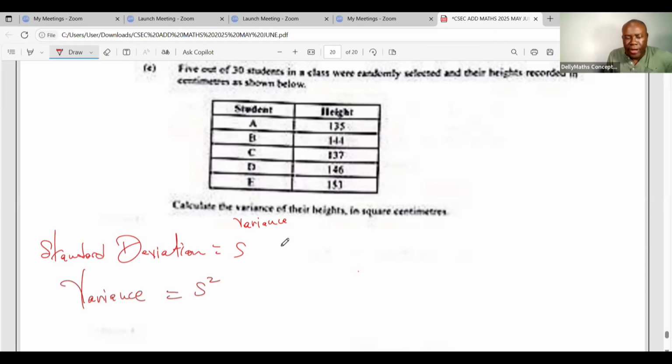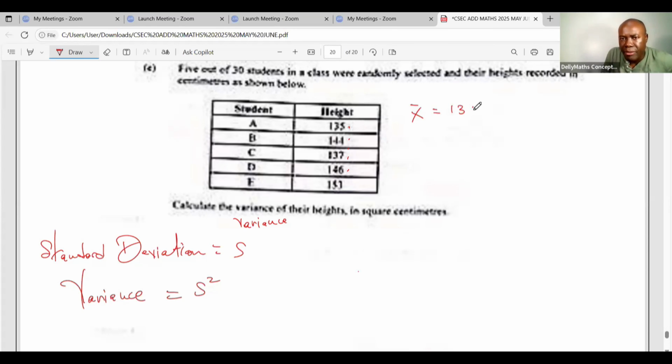So in order to find the variance, we're going to have to find the mean, and then we have x minus x bar. There are a lot of things that we're going to have to set up leading to it. So basically, let's find the mean, okay? The mean is to take these values that we have and add them. We want to find our mean, which is what we call our x bar.